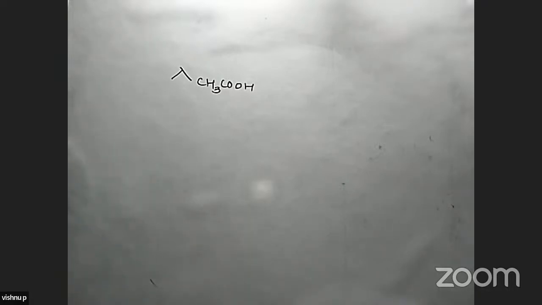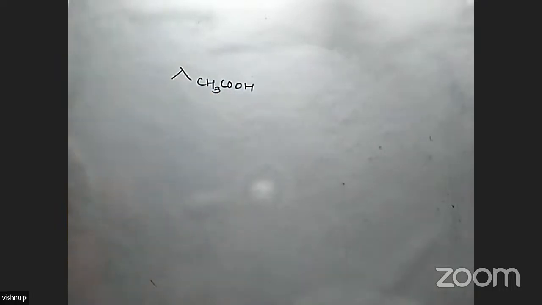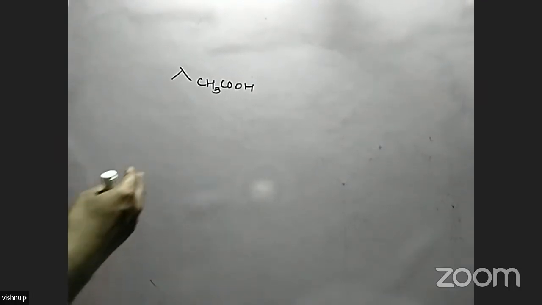But here we cannot find out exactly how many ions are dissociated, because the dissociation is small. If we take 100 molecules of acetic acid, only 5 to 10% are dissociated.